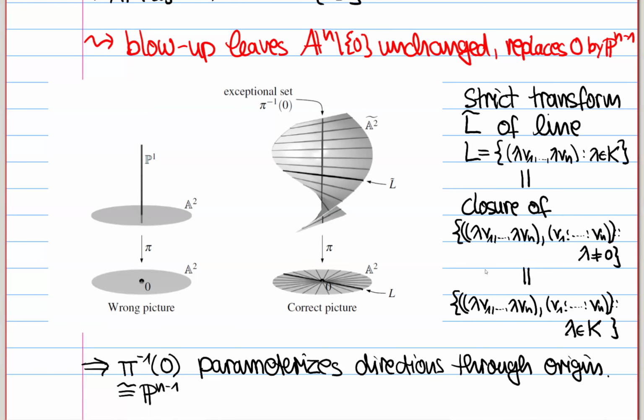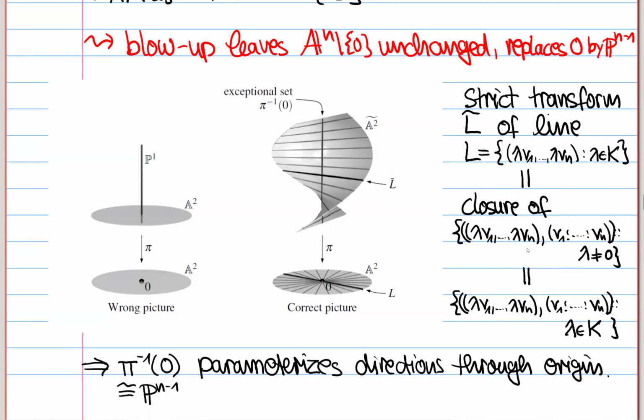But now, well, P^(n-1) is invariant under scaling. And so, in fact, you can get rid of these λ's, and the element of P^(n-1) that you get is independent of λ. You just get, for example, this vector (v1, ..., vn). And so now you see this is a subset of A^n × P^(n-1).